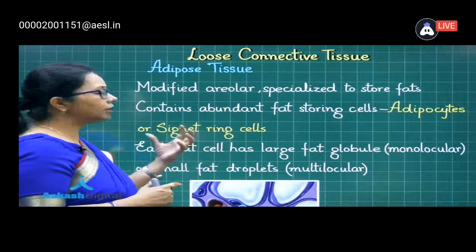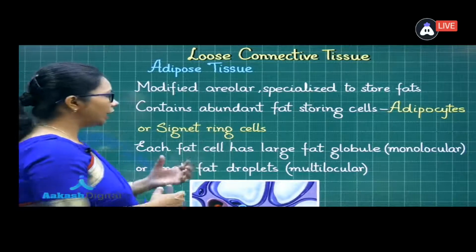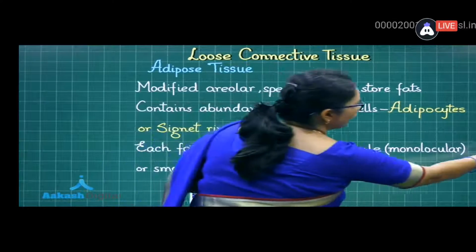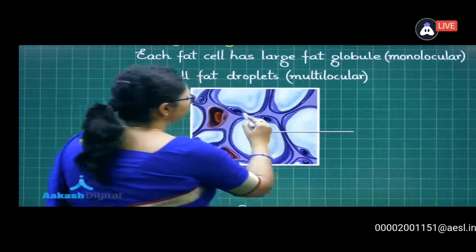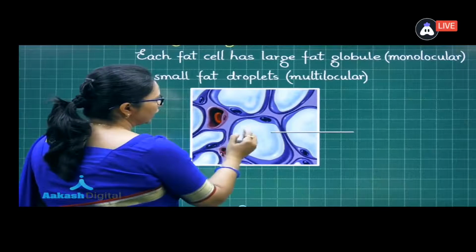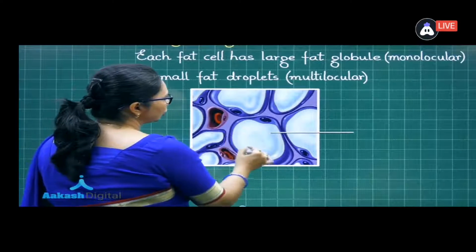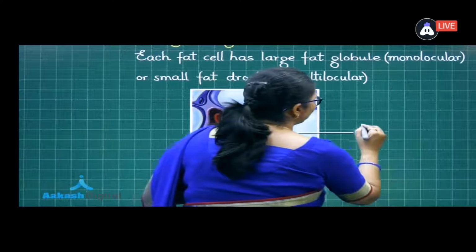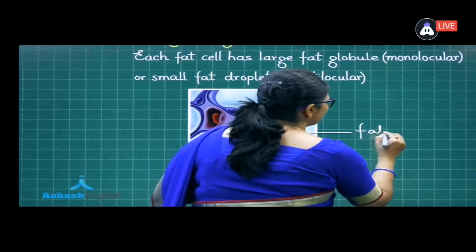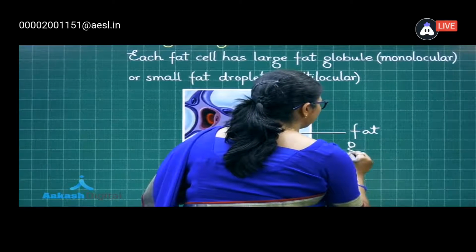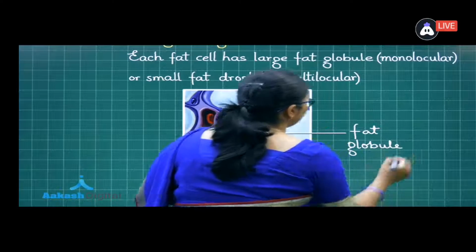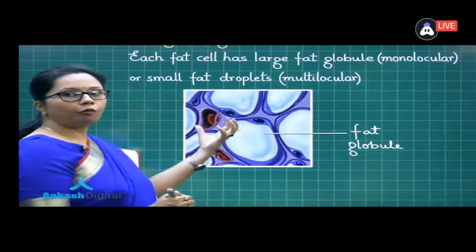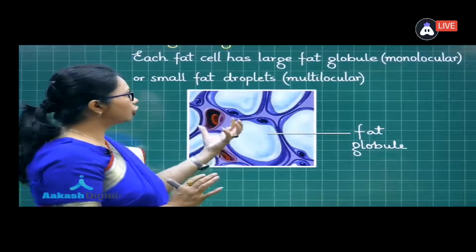That gives us the appearance of a signet ring. This is one adipocyte, and this entire structure here is the fat globule, and it is in the form of oil, that is, a liquid droplet.